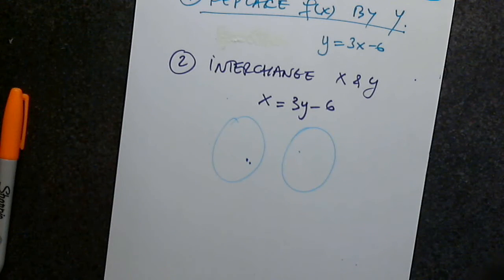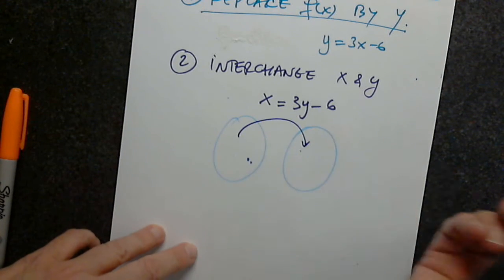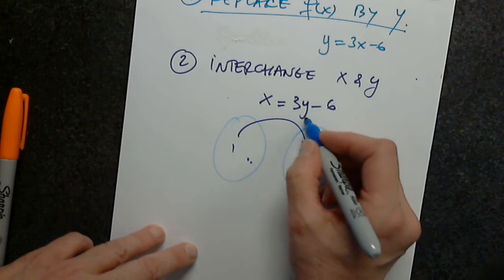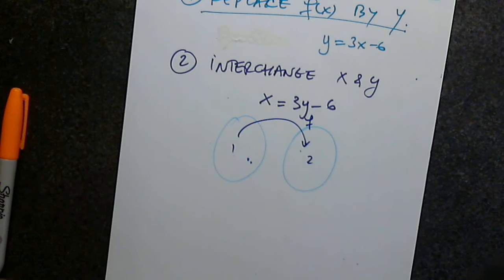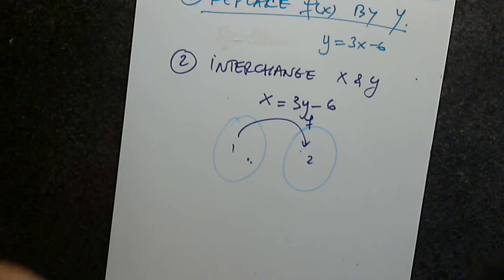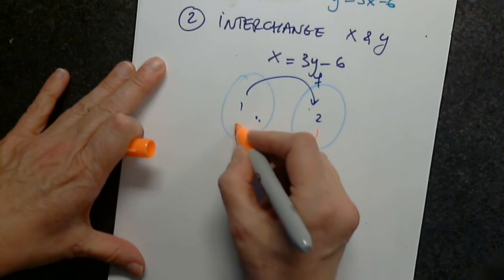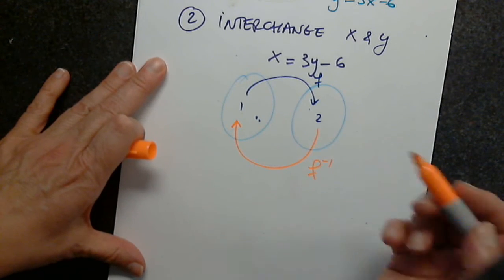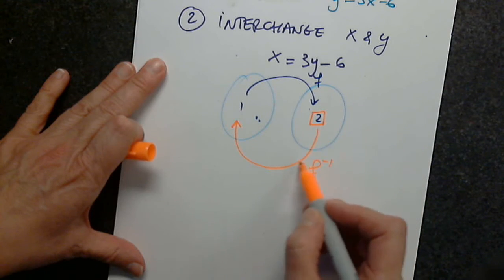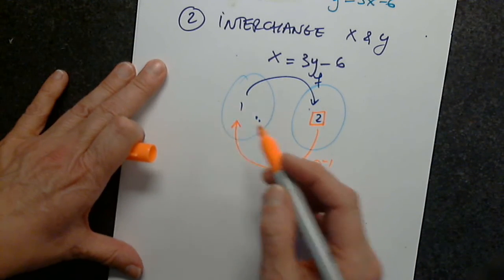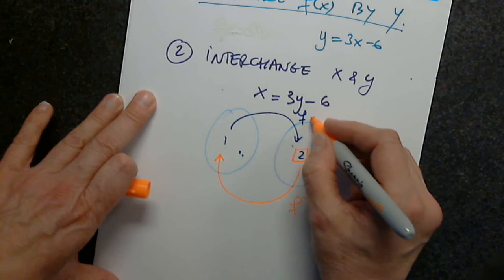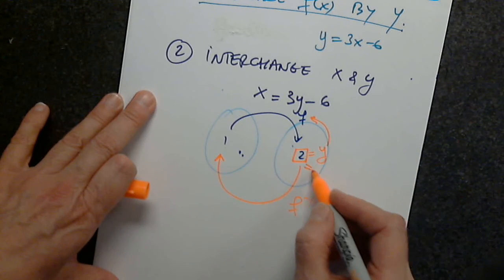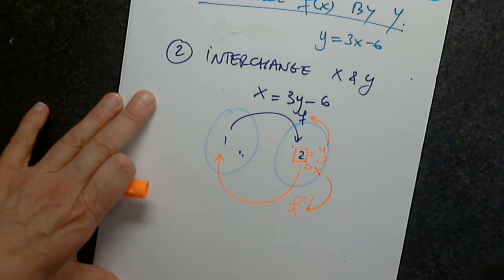We said that the function, and we gave an example 1 and 2. So whatever function is applied to 1, the result is 2. But the inverse function will be applied to 2, and the result will be 1. So this is the y value for f, but this is the x value for f inverse.